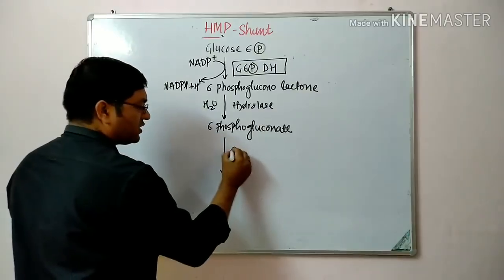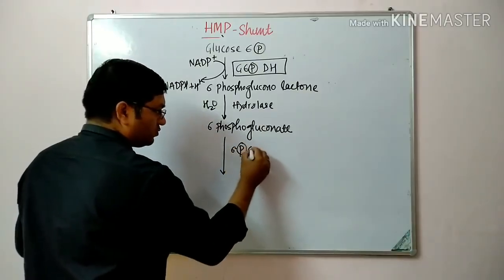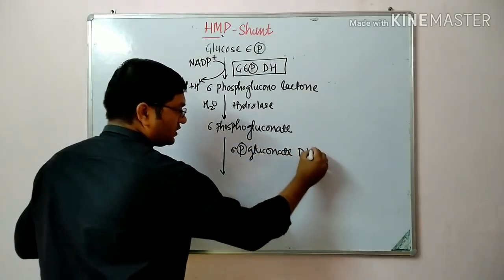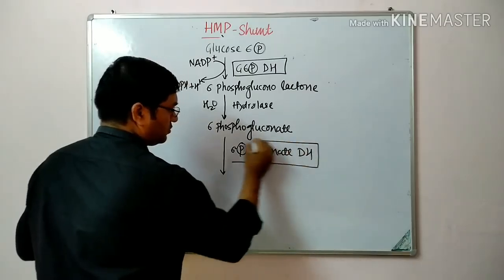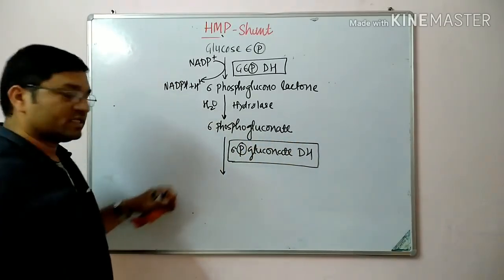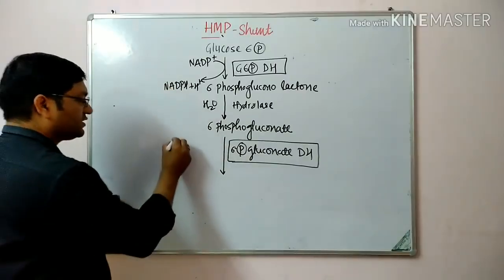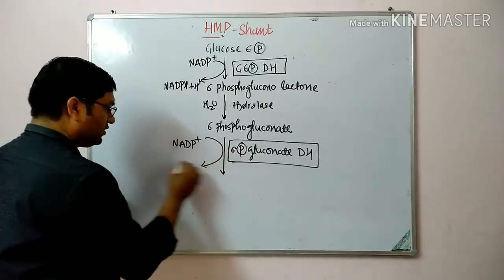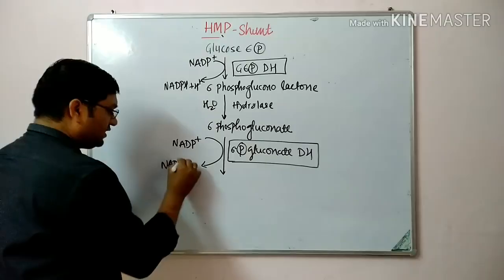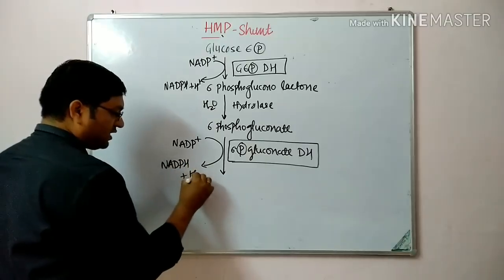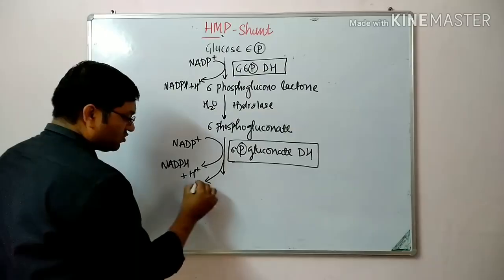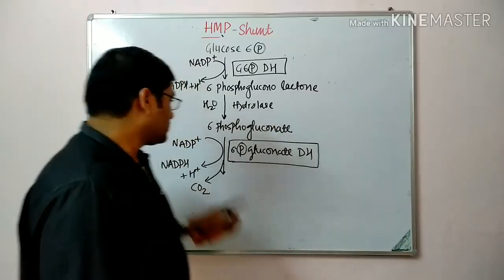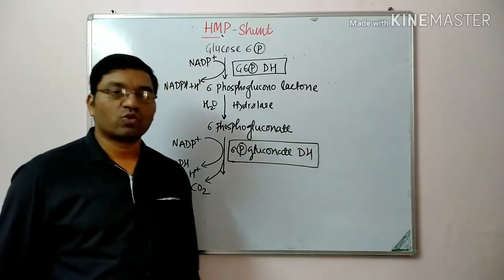Then with the help of 6-phosphogluconate dehydrogenase, it is an NADP dependent reaction again. NADP is converted into NADPH and H ions, and there is liberation of CO2 through an intermediate, that is 3-keto-6-phosphogluconate.